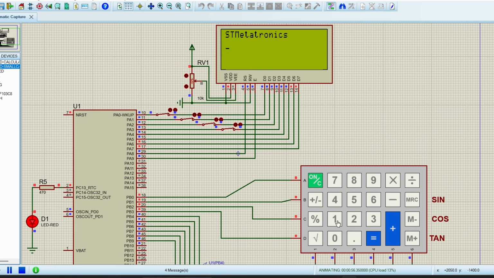Now we'll see the basic functionality that we also saw in our previous calculator project. You can refer to that project to see how we implemented the arithmetic functionalities.